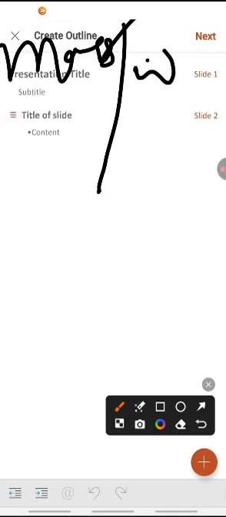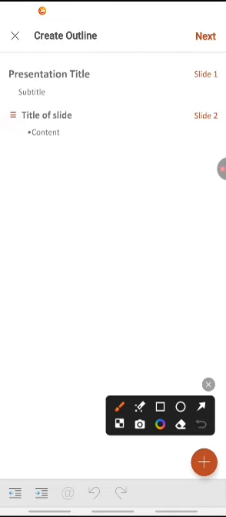Now let's talk about measurement of area. Area is the two-dimensional space that an object occupies. Let's take the area of a square or a rectangle.